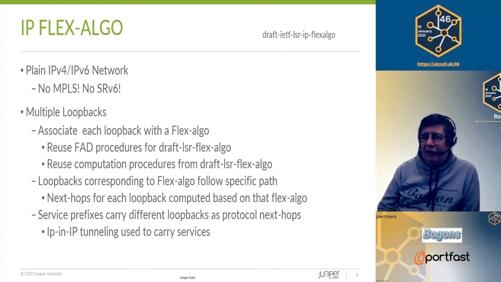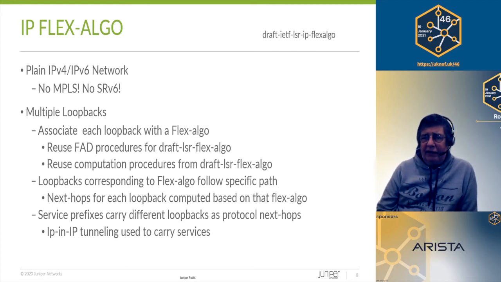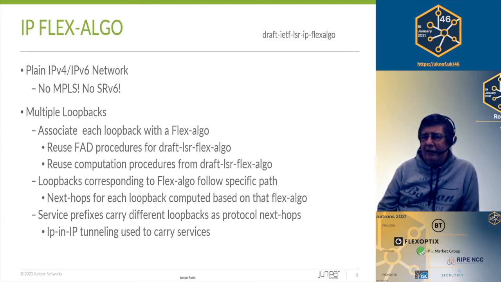We use the FAD procedures from draft LSR Flexalgo, which is SR Flexalgo, and we reuse the computation procedures from the same draft. Loopbacks corresponding to Flexalgo follow the specific path, and the next hop is computed based on the Flexalgo.